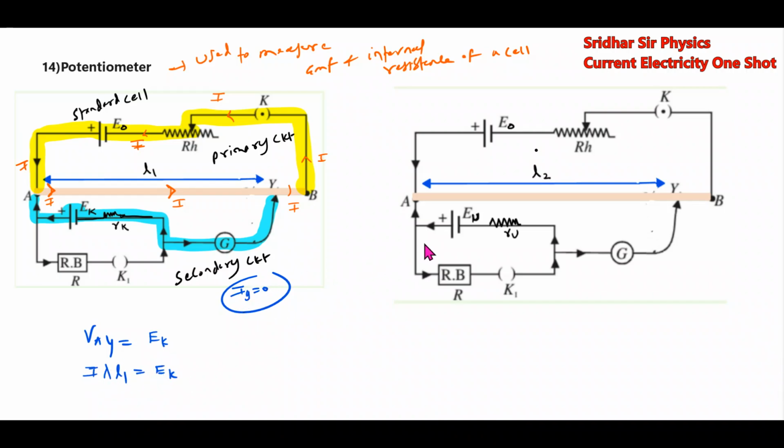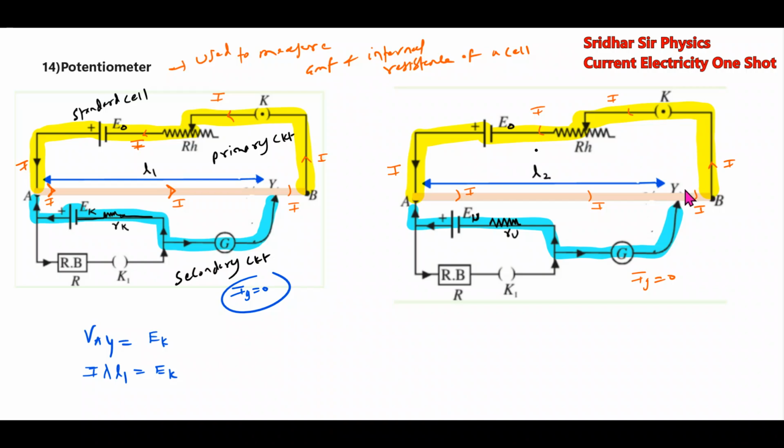Similarly, we'll connect another cell, this one, in the secondary. And in the primary circuit, as usual, the standard cell will be there. The same current will flow here, and the current through the galvanometer will be 0.